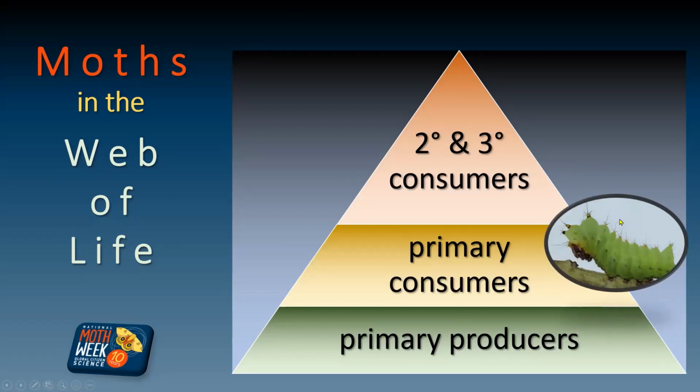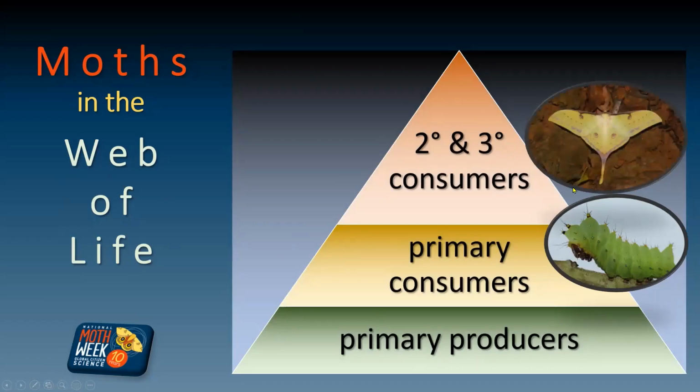What about the adults? What do they consume? Well, apart from nectar and pollen, not a great deal. So they're not really consumers in the context of this particular process. They are, however, major items that are consumed by secondary and tertiary consumers.